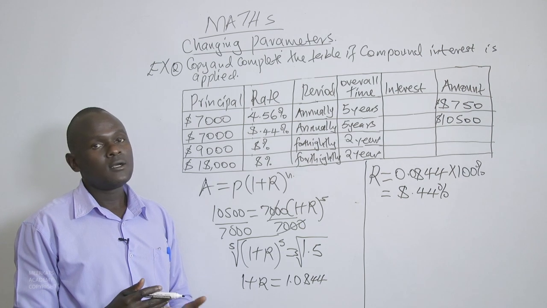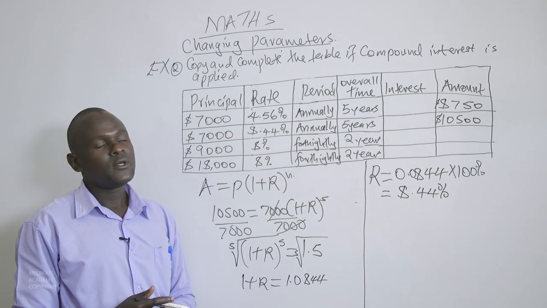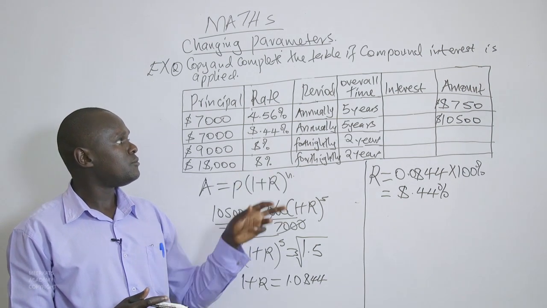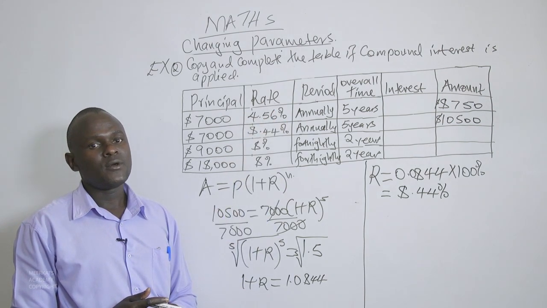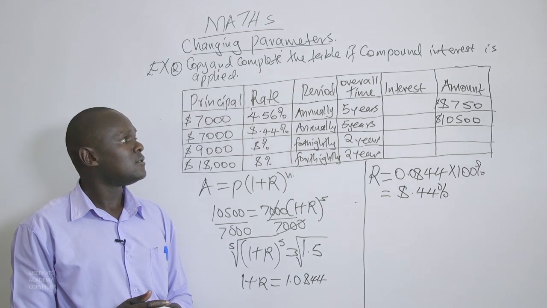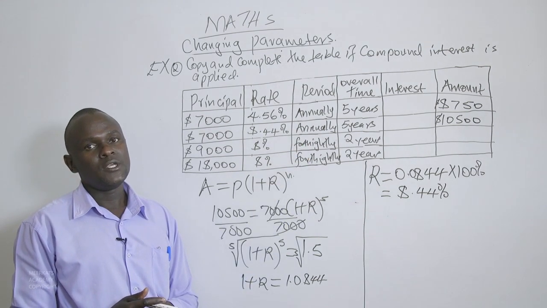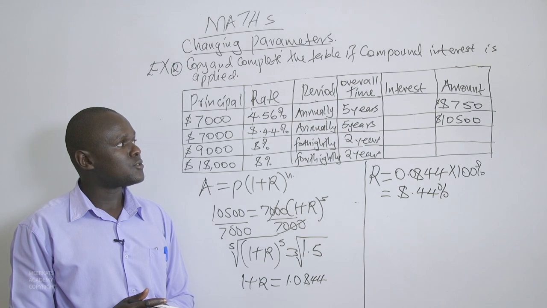So there is a direct proportional relationship between an increase in the rates and the increase in the amounts.